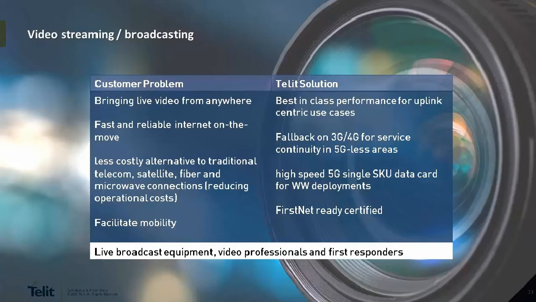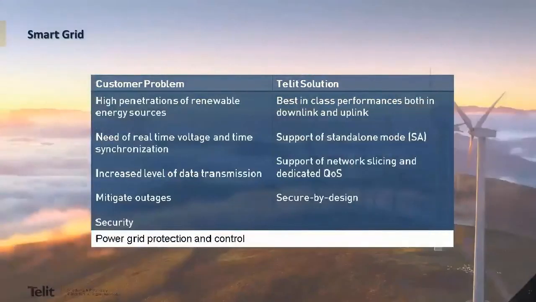You can have the fallback to 3G, 4G where 5G doesn't exist or is limited. And I think 5G bringing global SKUs, even though the price point is higher, there will be, especially in broadcasting, the use case where the higher price of 5G today still makes sense from a business model perspective.